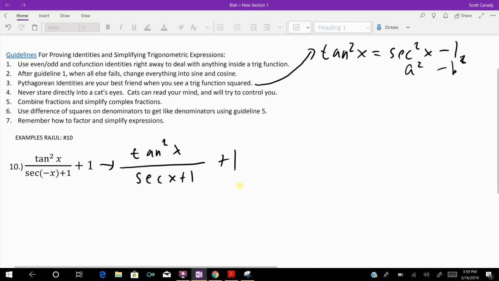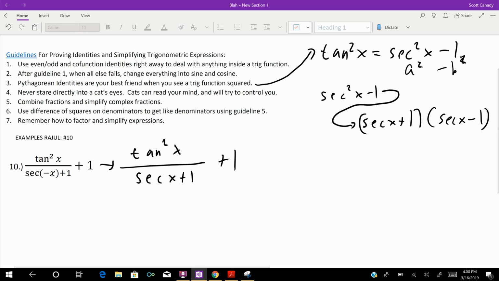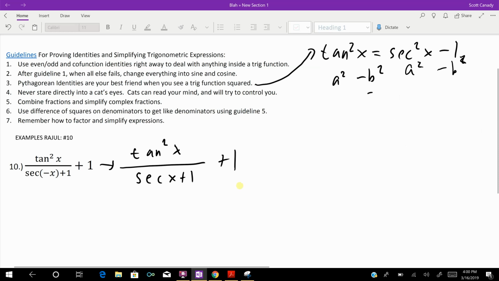So that's going to become secant squared x minus 1 becomes secant x plus 1 times secant x minus 1. And that's a squared minus b squared equals a plus b times a minus b. So we know that. So that's what our general strategy here is going to be. So let's go ahead and start using that strategy right now.